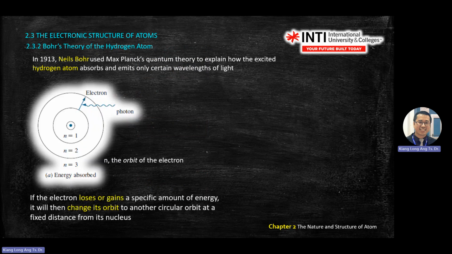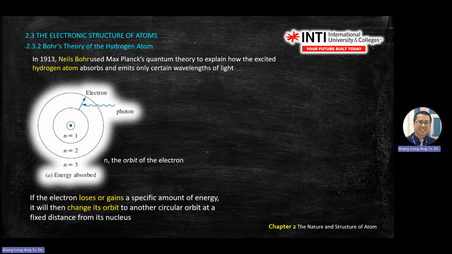Now today we look into Bohr's theory. Before that, in our first class, we mentioned Bohr's model. What is the Bohr model? You need to know how to draw the nucleus and the electron.